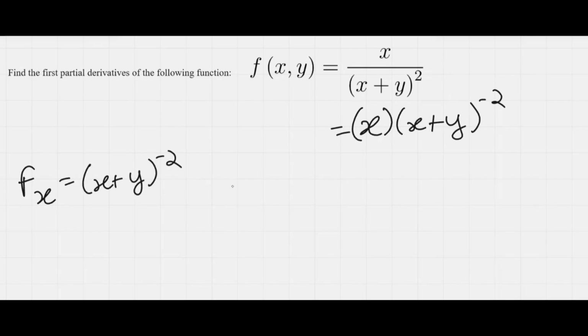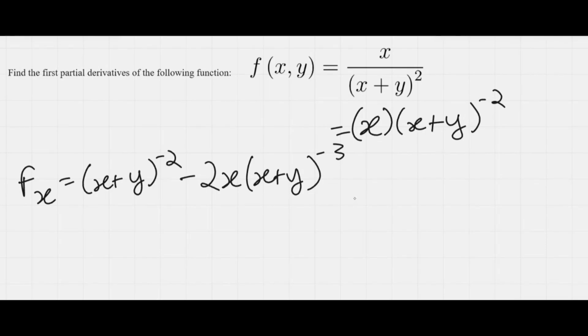And then for the second part of the expression, we can write the derivative of (x plus y) to the power of negative 2. We can use the power rule, and in order to do that, we bring down the negative 2 and change the exponent to negative 3. So bringing down the negative 2, we have negative 2x times (x plus y) to the power of negative 3.